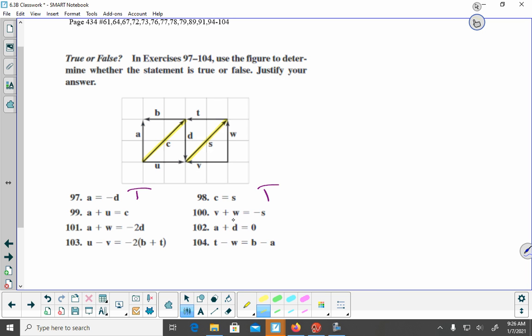So A plus U, which would be this, is equal to C. So that is true.